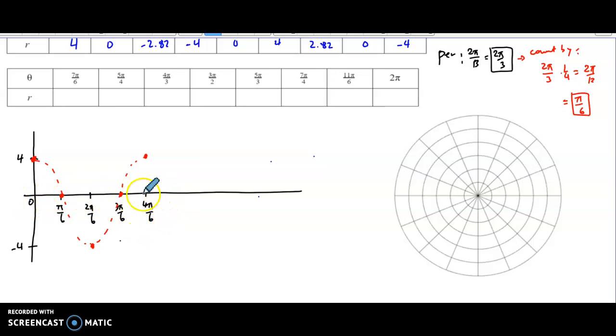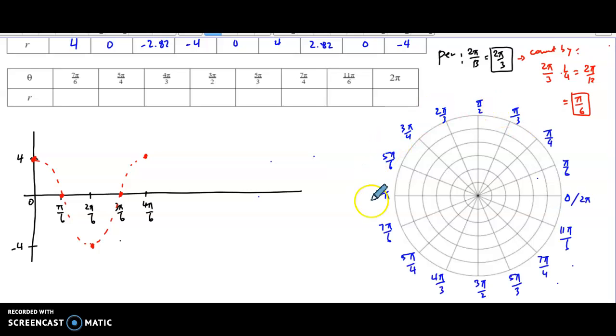So this is one period right here, okay? And also on the right, let me quickly fill in the unit circle angles as well. So there are my unit circle values, or the angles all around. We know that those angles are familiar to us, all right?